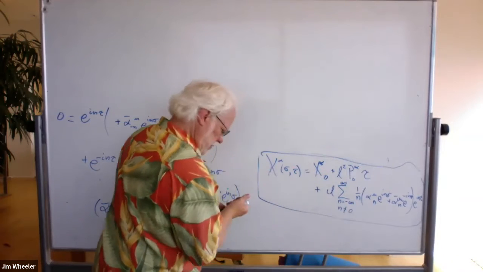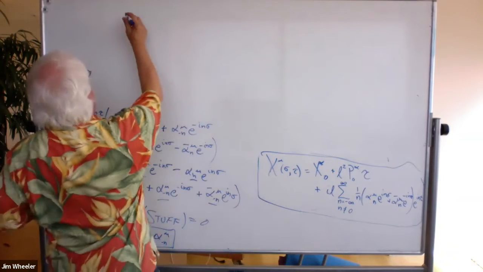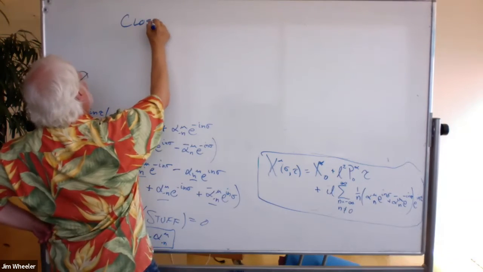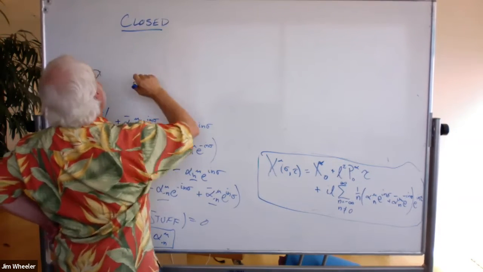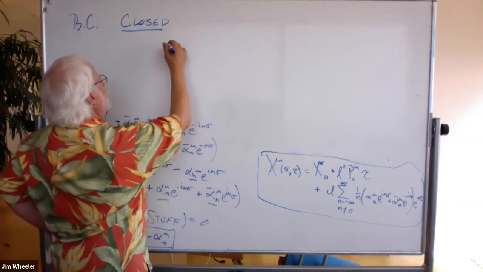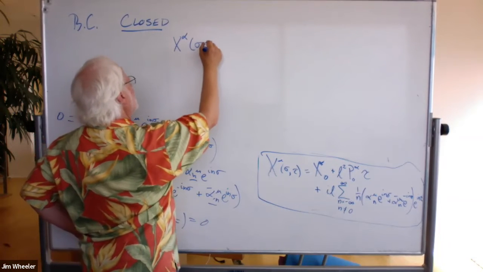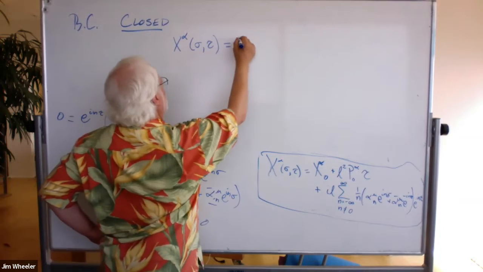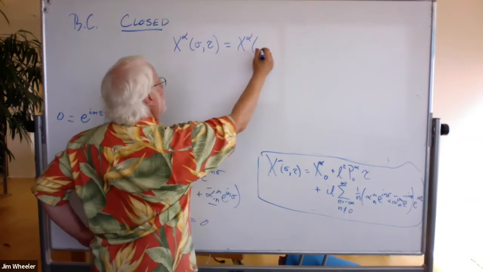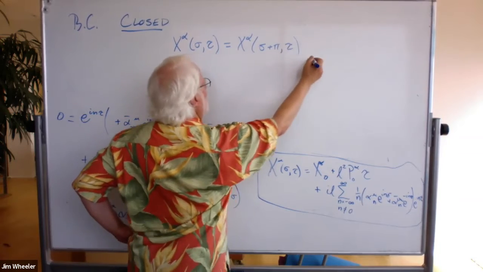So the boundary conditions we can use for closed string, what we need is for x alpha at sigma and tau to be the same as x alpha at sigma plus pi and tau, for all tau.